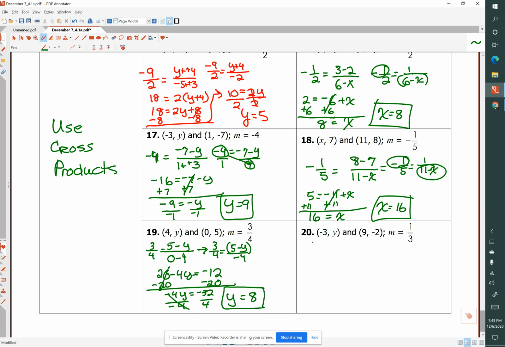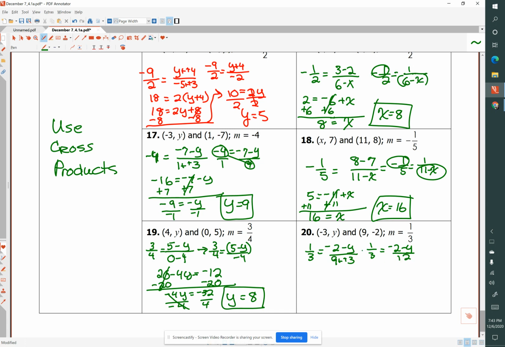And last problem, 1/3 equals negative 2 minus y divided by 9 minus negative 3, so we'll be adding that. So it will be 1/3 equals negative 2 minus y over 12.